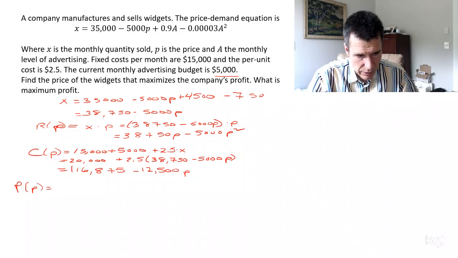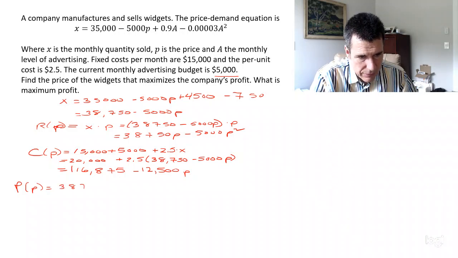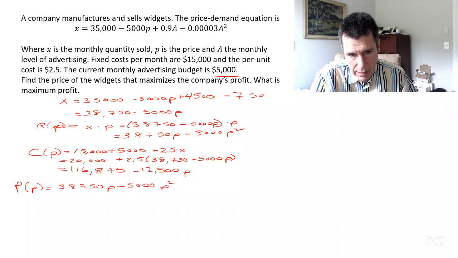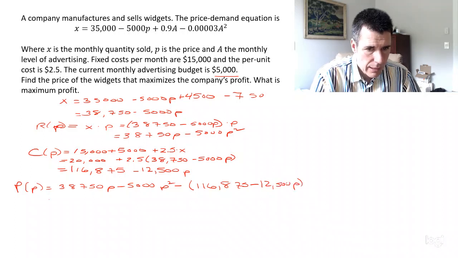slightly annoying that I've got P of P, but anyways, we'll just be careful, is 38,750P minus 5,000P squared minus 116,875 minus 12,500P. So what do we have?